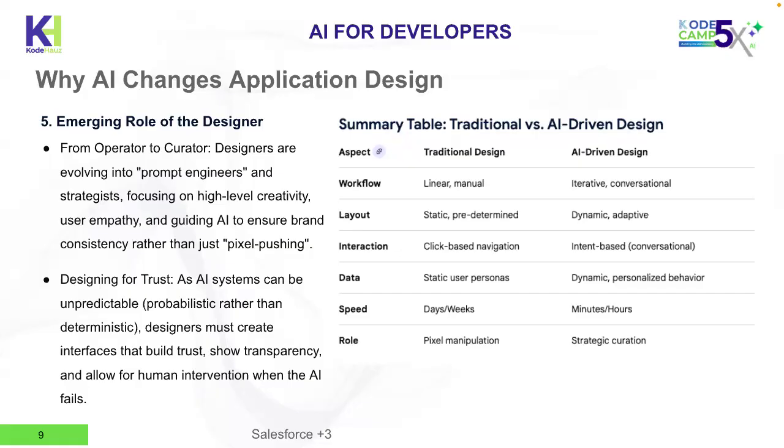You focus on user empathy, and you begin to build skills on how to guide the AI. Because one of the things I've come to learn in recent times from using a lot more AI for building my tools and building my apps is that guiding AI is a skill.